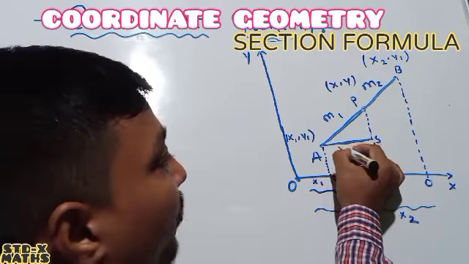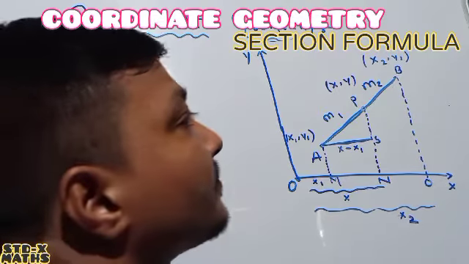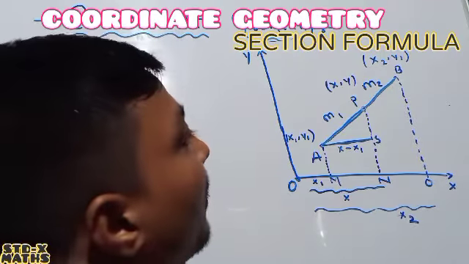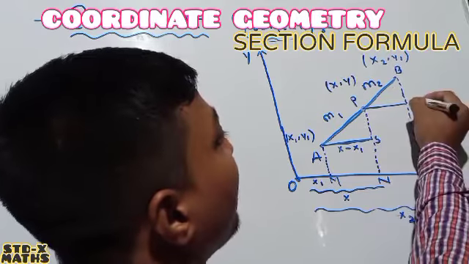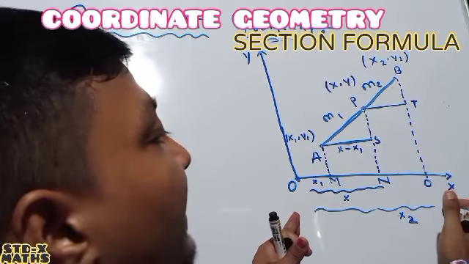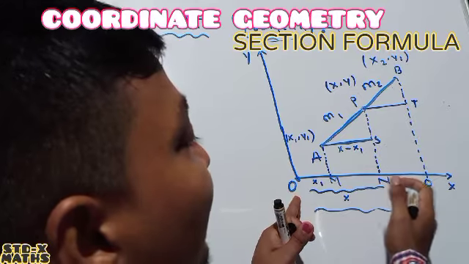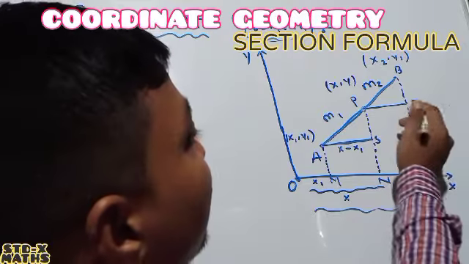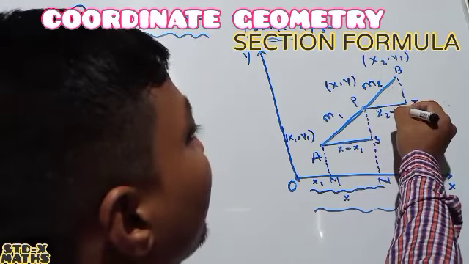So this one will be x minus x1. Understood? Now once again here I am drawing one more perpendicular, named T. The total length is x2. From x2, if I subtract x, then I can find this distance. So this distance will be x2 minus x.